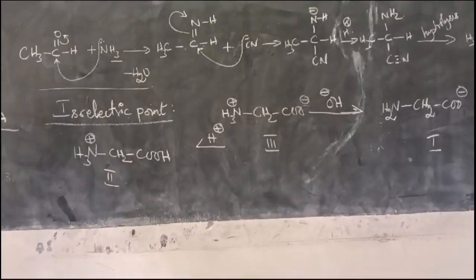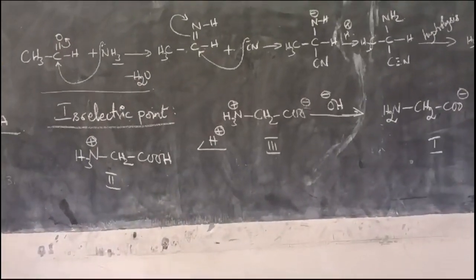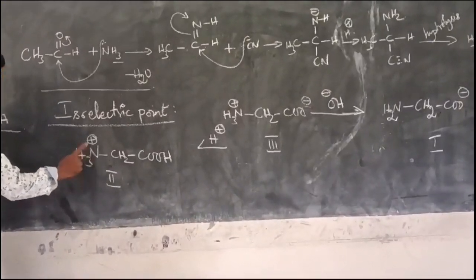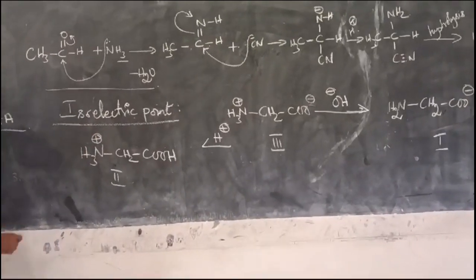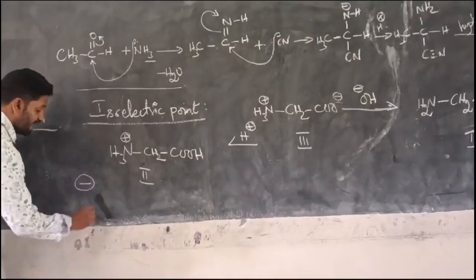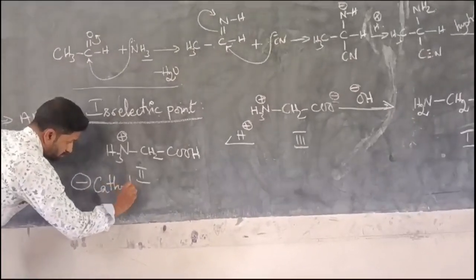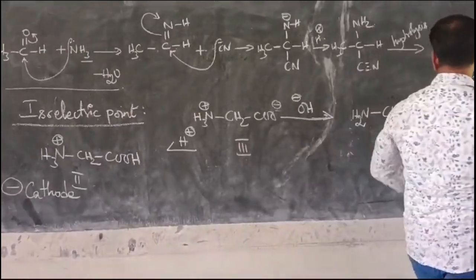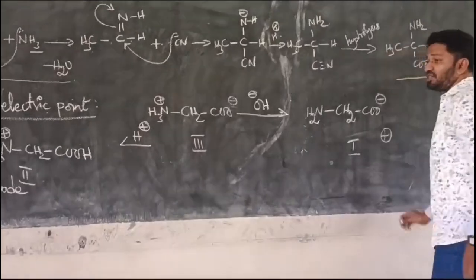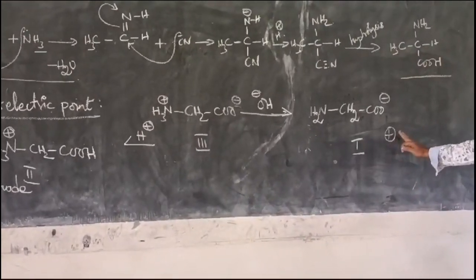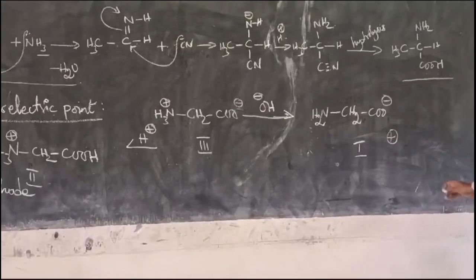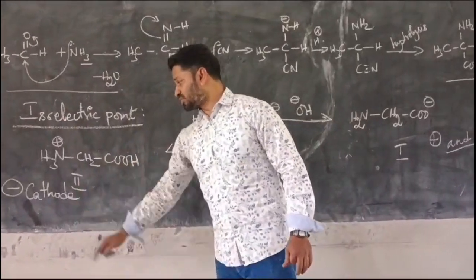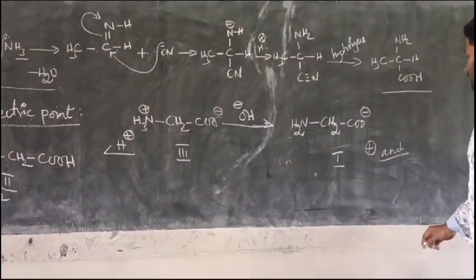When we pass current, or when the electric field is applied, the positively charged cationic molecule will move towards the negatively charged cathode, and the negatively charged anionic molecule will move towards the positively charged anode.